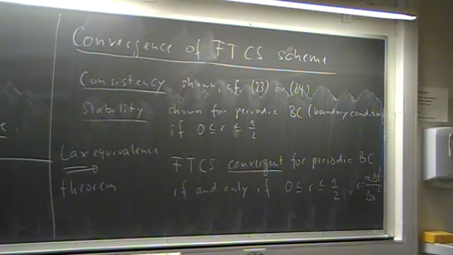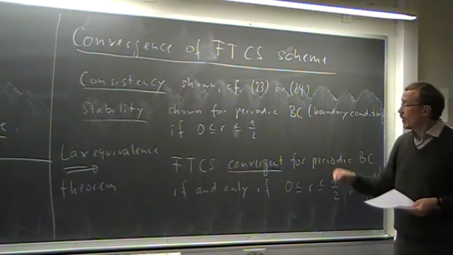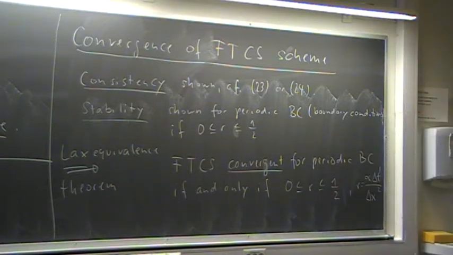So I have stressed a little bit here the periodic boundary conditions, and that is for good reason, because it's only valid for that. But it turns out that this is also a necessary condition for stability when we do not have periodic boundary conditions.